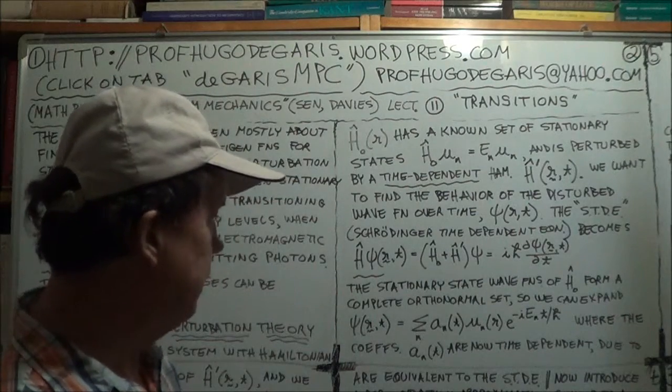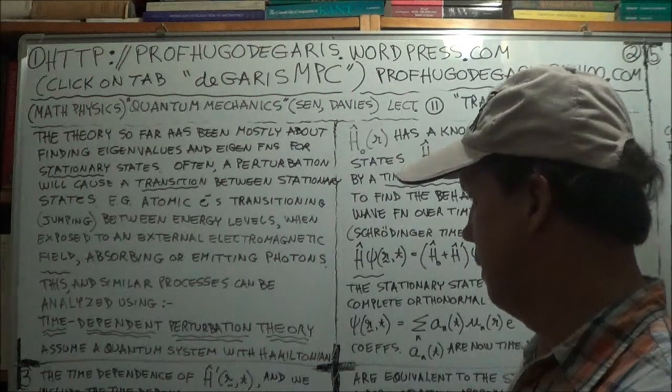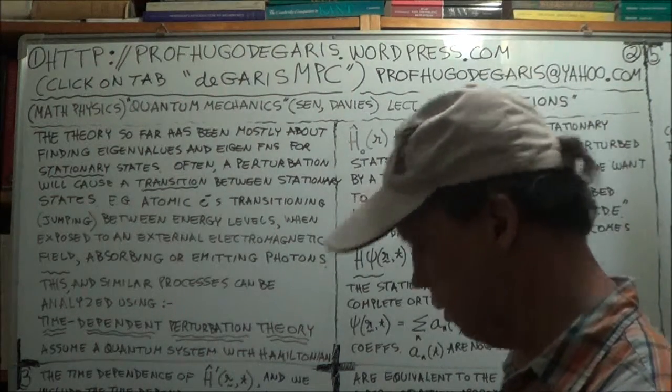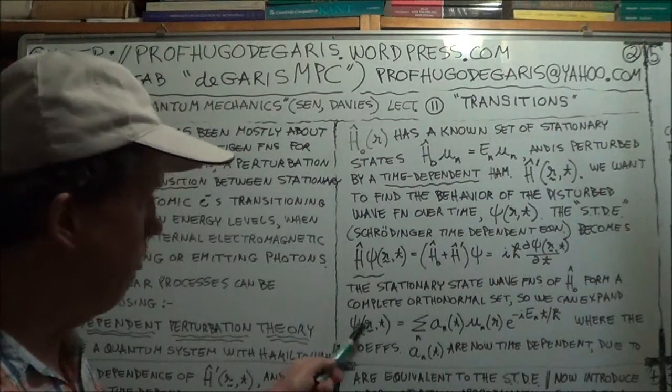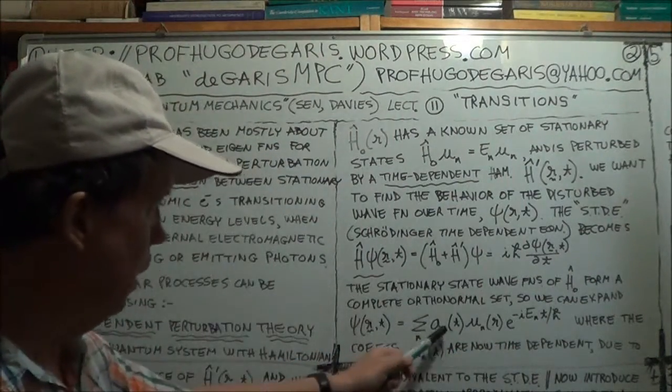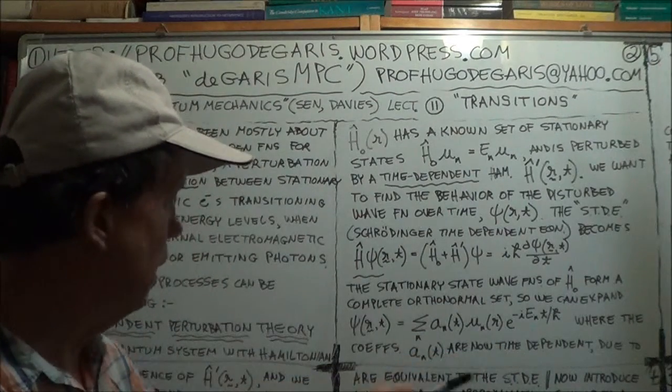And okay, so next session, what will we do? In the next session, we will take this psi, with the two terms here that depend on time and one that doesn't.